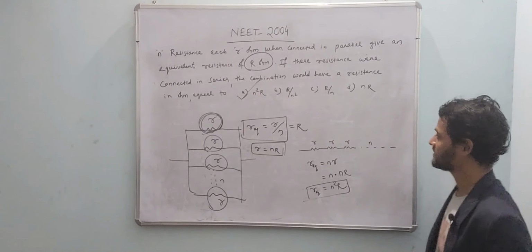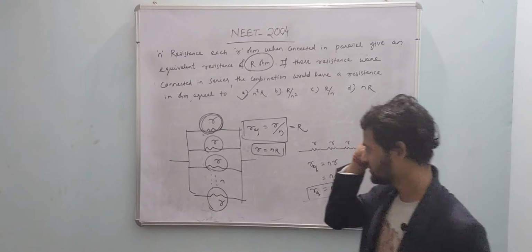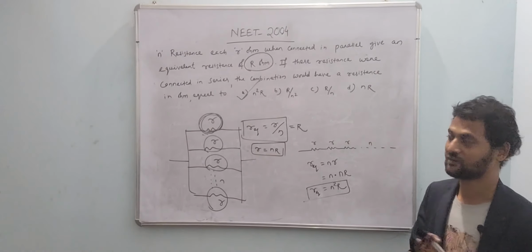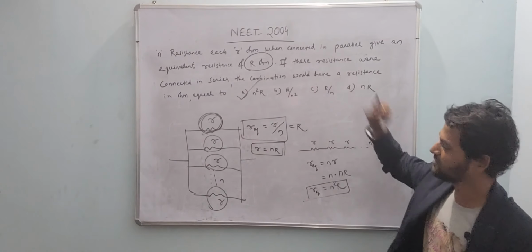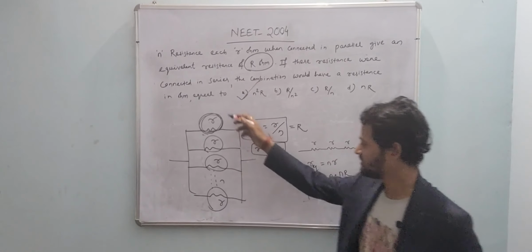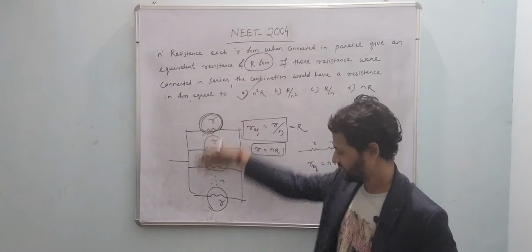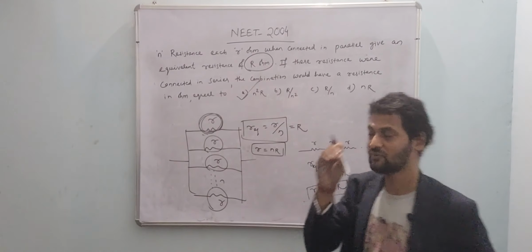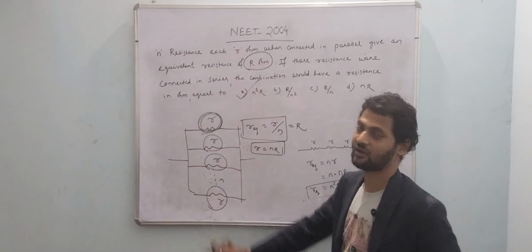Option number A. So what I did here, you just have to understand the series and parallel connection. The question is very easy. The question is: n number of resistors are connected in parallel, but the condition is each value is the same, like r.